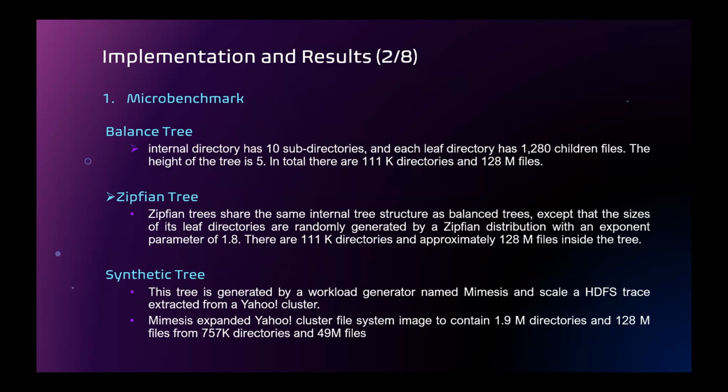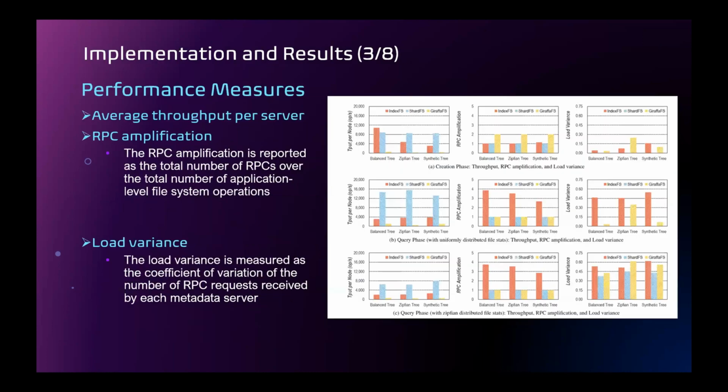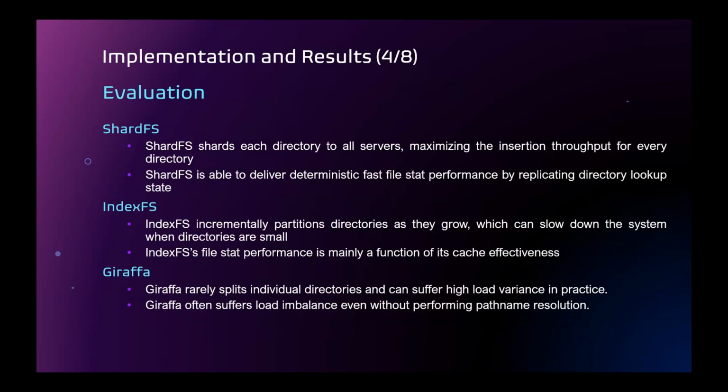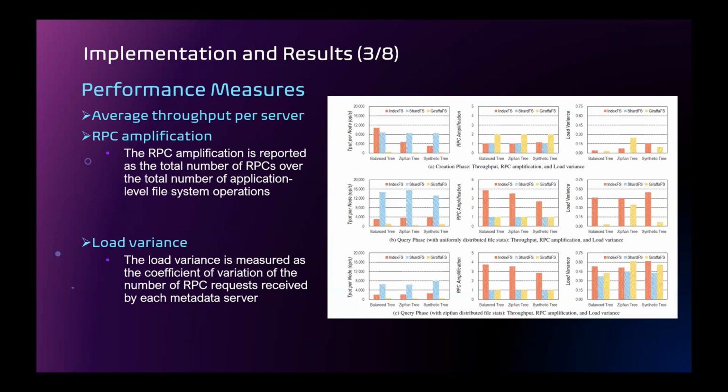Performance measures encompassed average throughput per server, RPC amplification, and load variance. Now we'll look at the performance measures. The researchers evaluated key metrics such as average throughput per server, RPC amplification, and load variance.